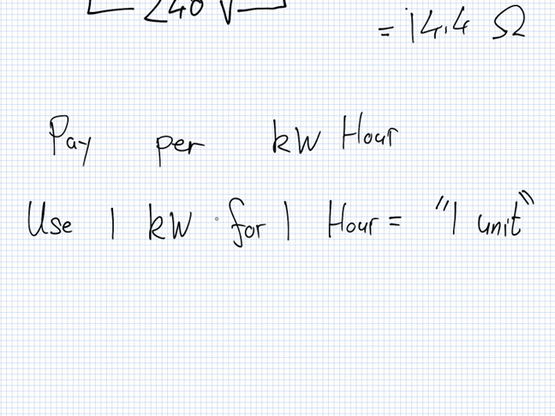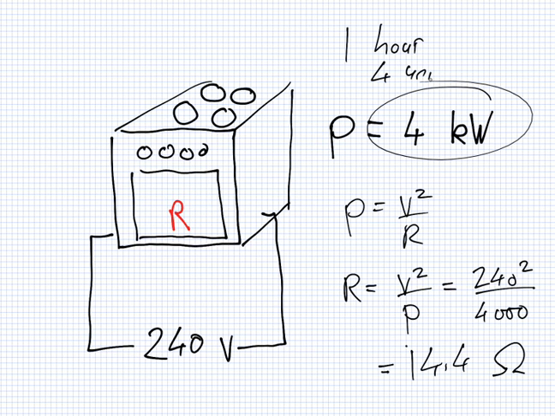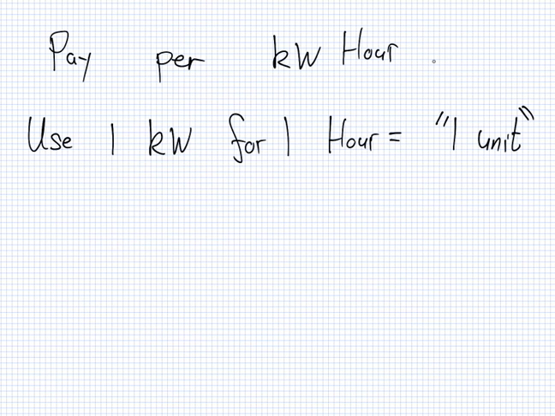So if I have this on for 1 hour, how many units is that? 4 units. If I run for 2 hours, it's 8 units. In Ireland, 1 unit is roughly, I think, about 25 cents maybe. That's how much 1 unit is.